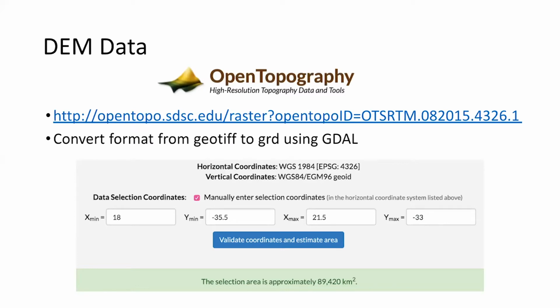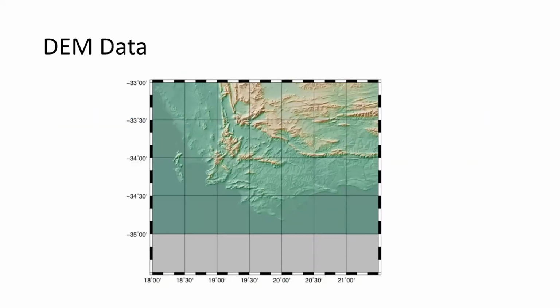I saw that the DEM data in our sample data set is in grid format. The data I downloaded is GeoTIFF, so I just converted the format. This is the coordinates of the DEM, and this is the visualization of the DEM data.